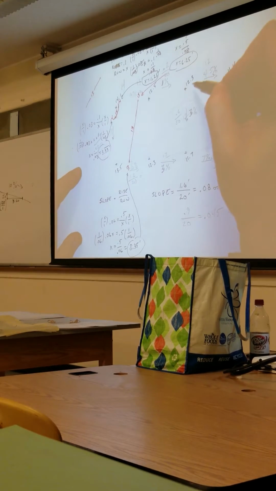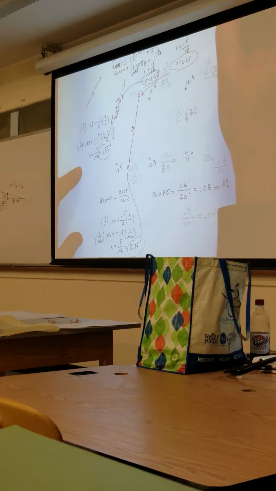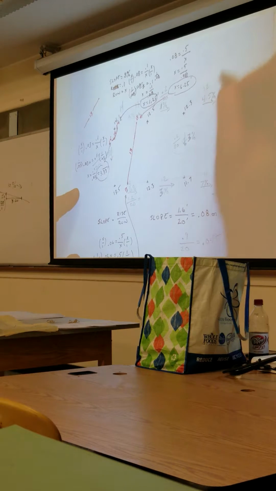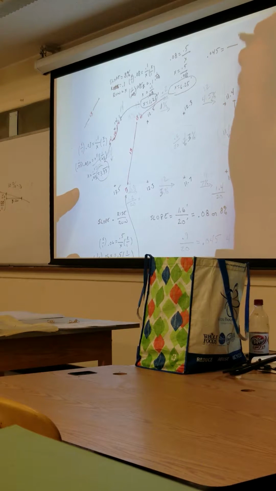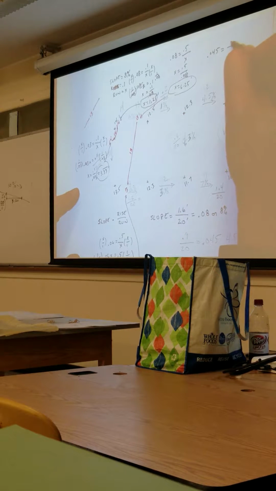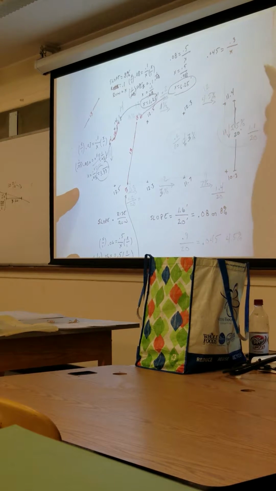So over here we have the slope. I gotta pull this down again. The slope is 0.045, which is equal to the rise, so let's go from this side, 12.3. So 0.3 over x.